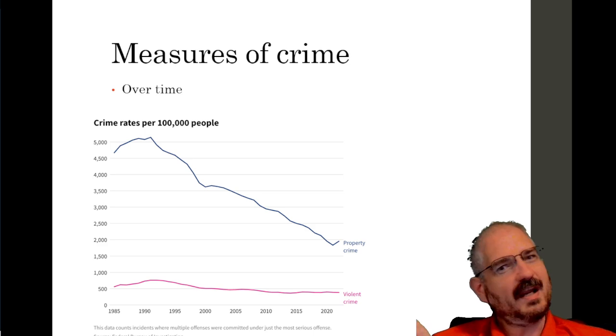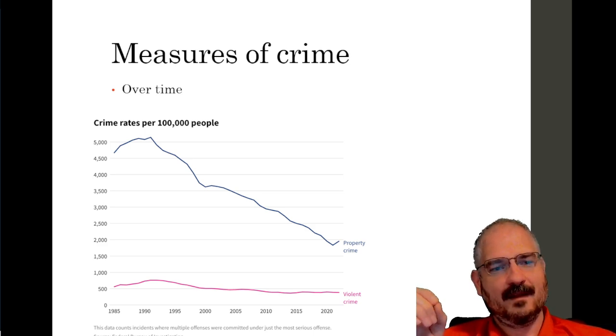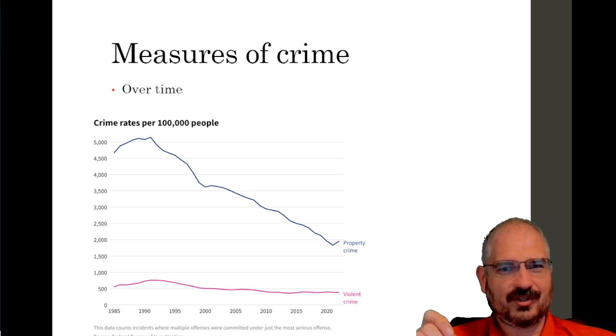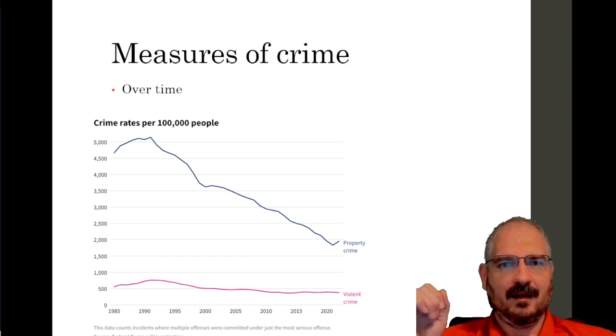The majority will say crime is going up. But based on these official measures of crime, crime has been plummeting for years, for decades. All of the official measures of crime we have say that crime peaked in the mid-early 90s, and it's been going down very steeply ever since, right?